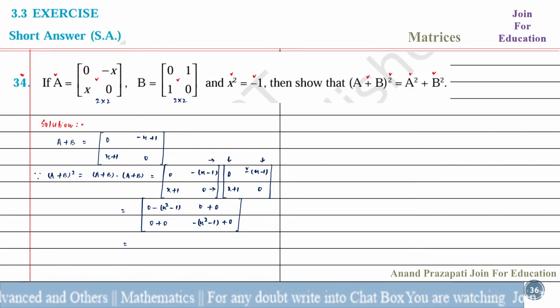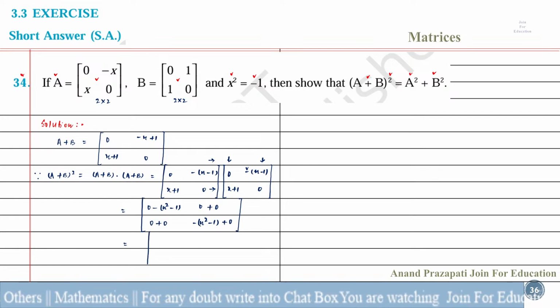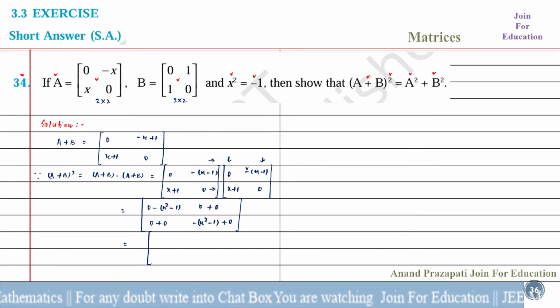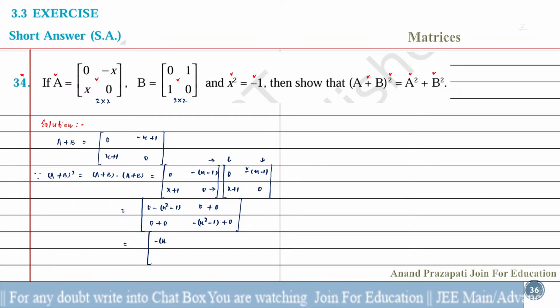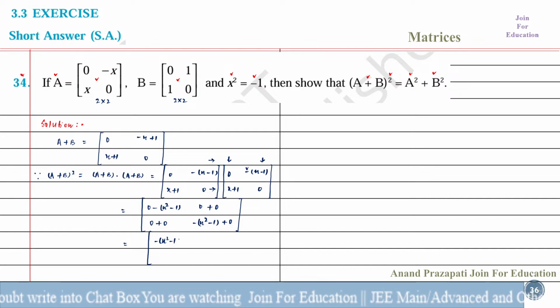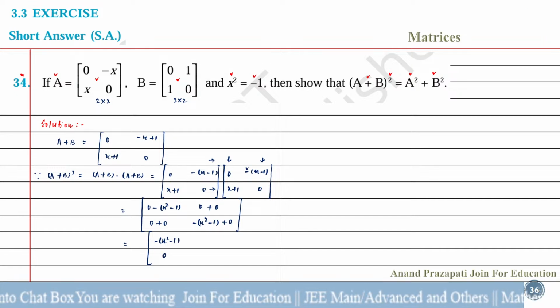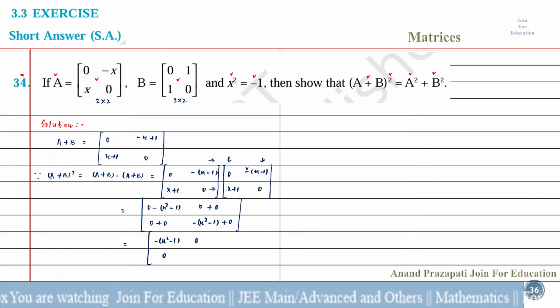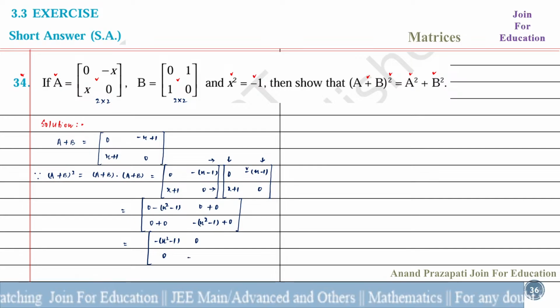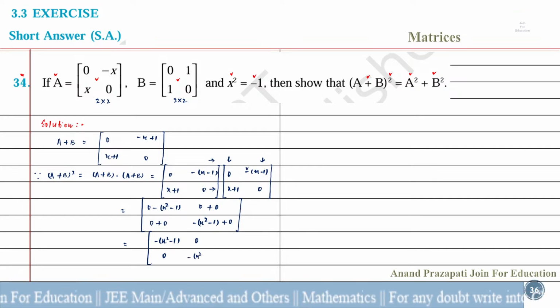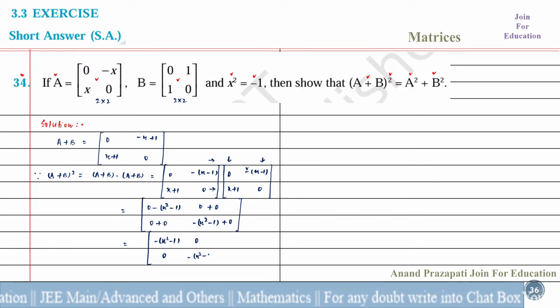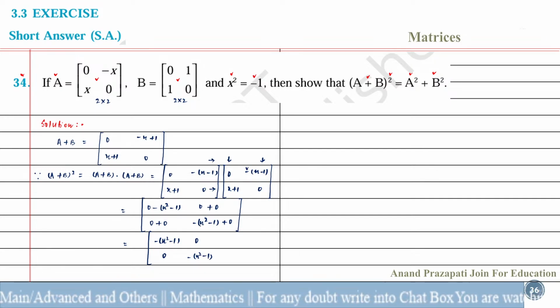So here will be minus x square minus 1, 0, and this is the 0, and this is the minus x square minus 1.